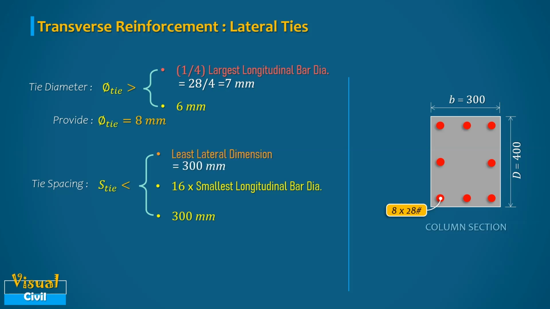Second, 16 times smallest dia of longitudinal bar is 448 mm. So, provide the spacing of ties equal to least of all three values, that is 300 mm. Hence, provide 8 mm dia ties at 300 mm center to center.